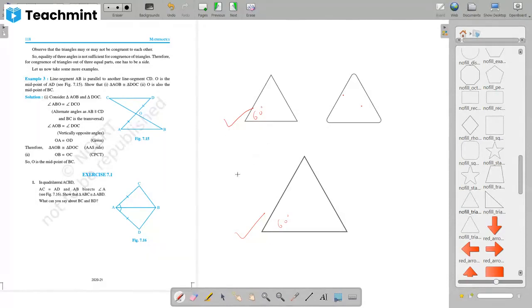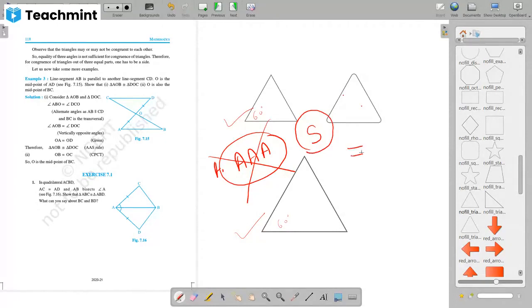From this figure, we can say that angle is not a congruency rule. We need at least one side to prove that two triangles are congruent. Okay, clear?